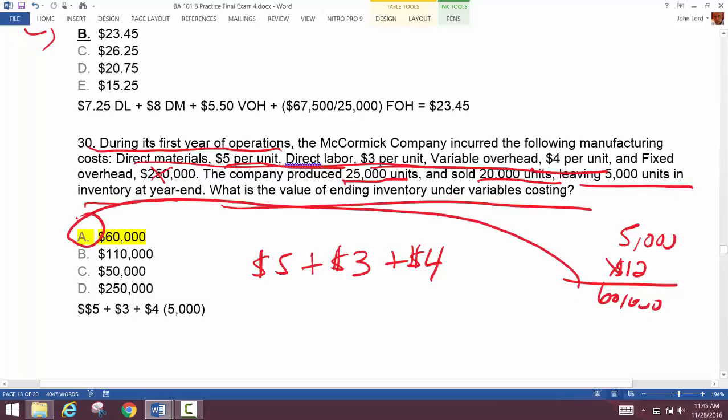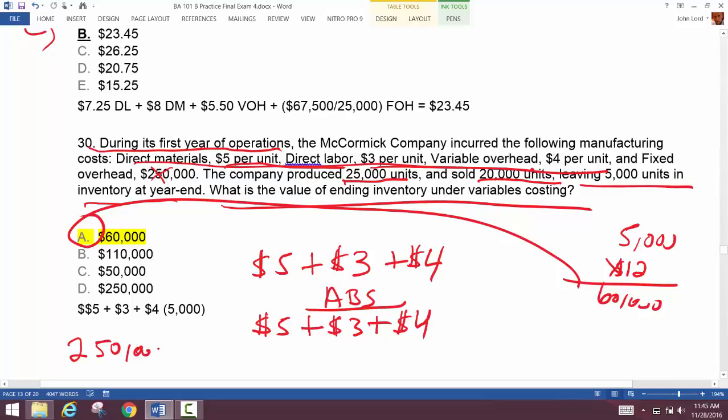Okay, good. What if it's absorption? Do I pick up the $5? Do I pick up the $3? Do I pick up the $4? Anything else? Now I pick up that 250,000, don't I? And divide it by the units produced of 25,000, right?